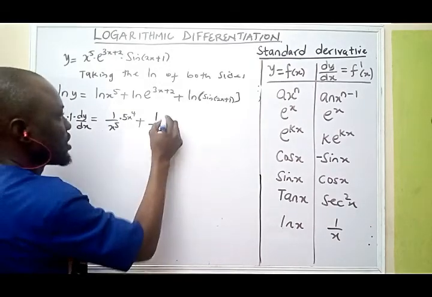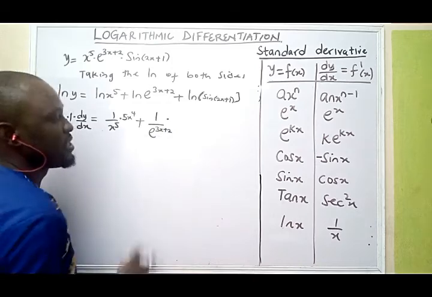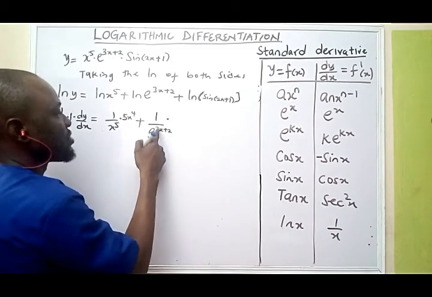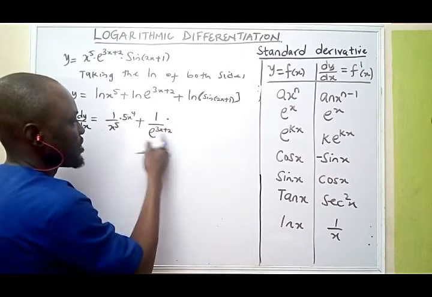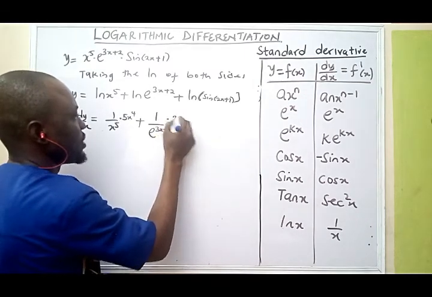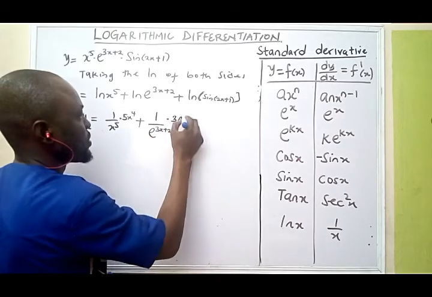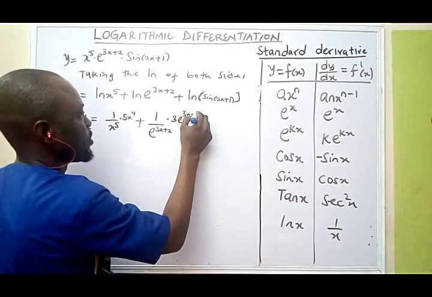Now I'm going to find the derivative of this. The exponential e^(3x+2) is a function of 3x plus 2, so I'll differentiate this first and I get 3 e^(3x+2).